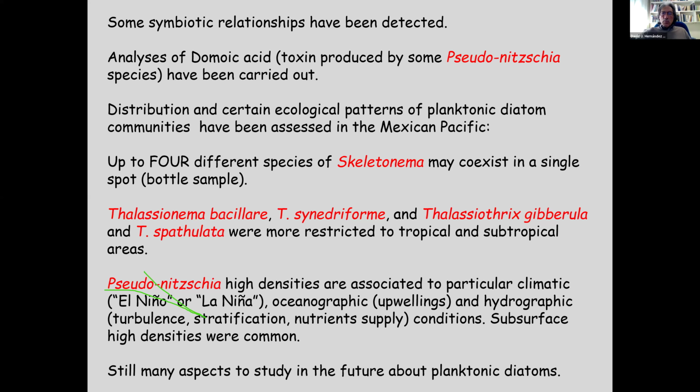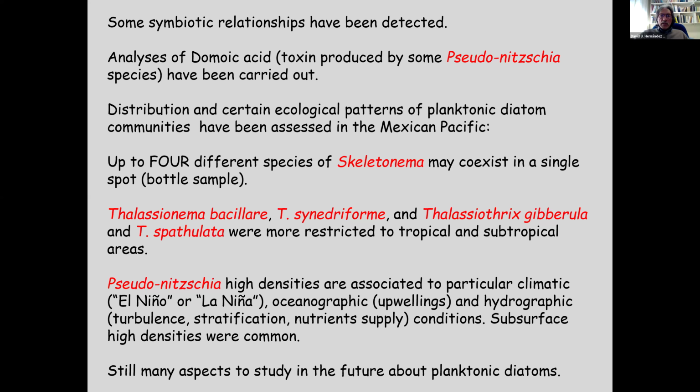Many of them have been documented previously, but some of them are new to us. The analysis of domoic acid was also performed. We know that this toxin is present in the Mexican Pacific.